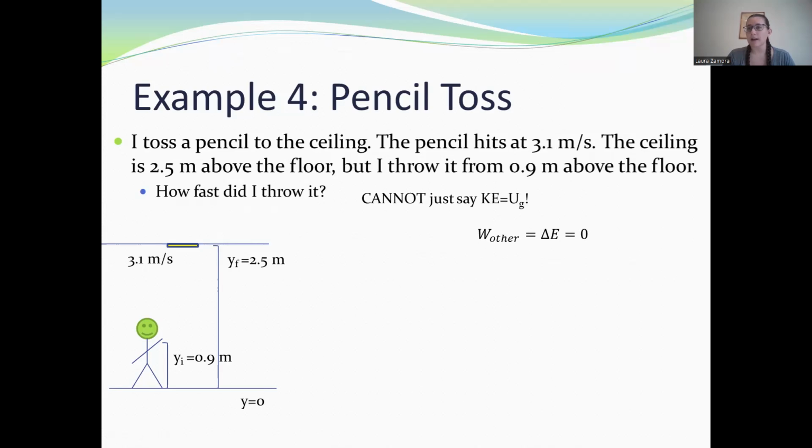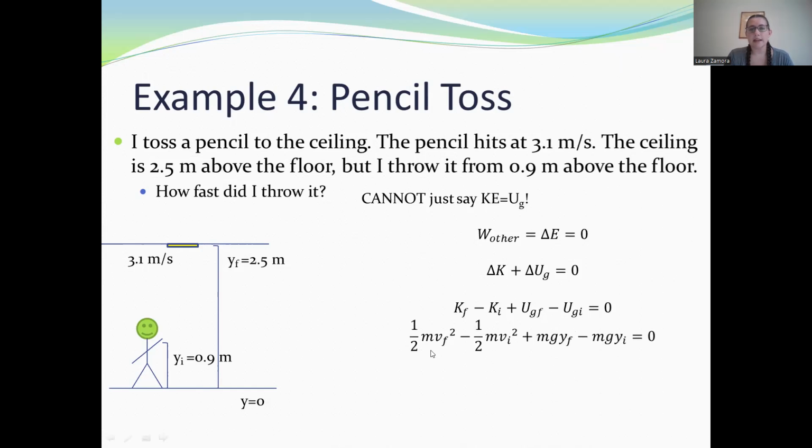And so the work done by outside forces is 0. That means the change in our kinetic energy plus the change in our potential energy is 0. Energy is conserved.